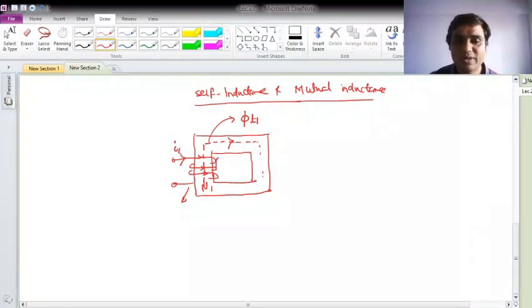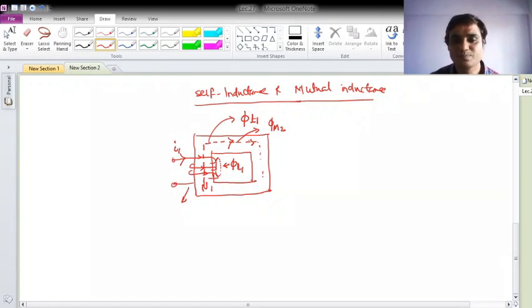A very small fraction of flux will leak like this, so it will try to complete a path this way by its own. Let me name this my leakage flux phi L1. And this is my main flux, almost all of the flux, which is flowing in the magnetic core in this particular direction, and the direction has been calculated by the right hand thumb rule.